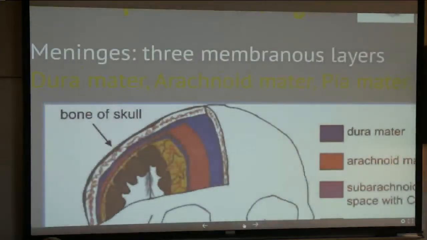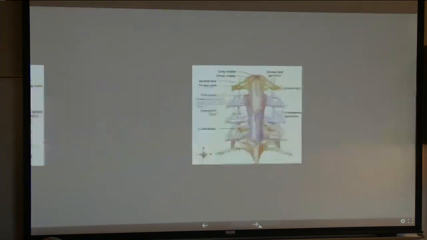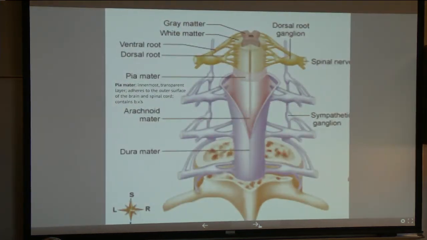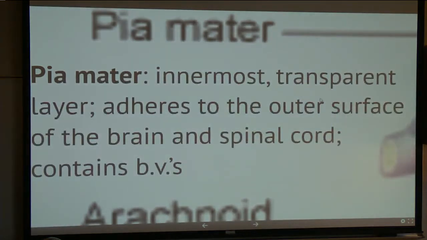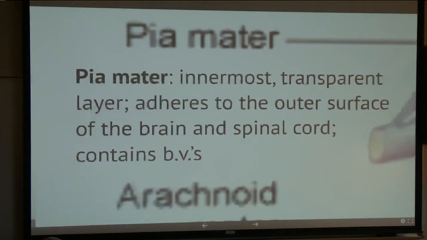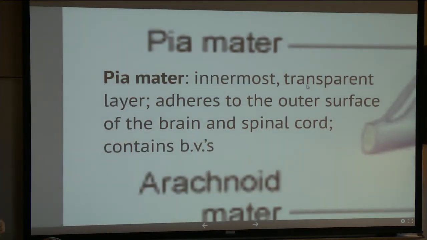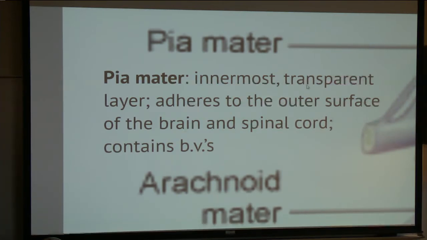So we hop back to this picture. Here's your arachnoid in red between the dura in blue and the pia right here. Speaking of the pia mater, that's going to be the deepest one. So innermost transparent layer. Transparent in the sense that it literally is going to look like saran wrap, plastic wrap, stuck to the brain.